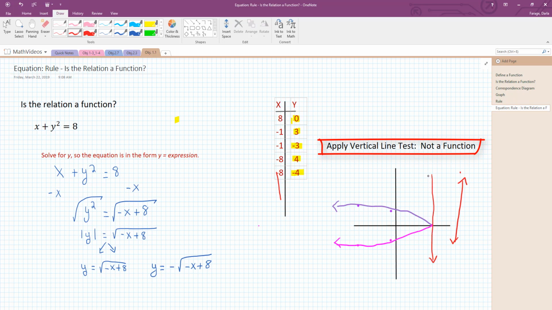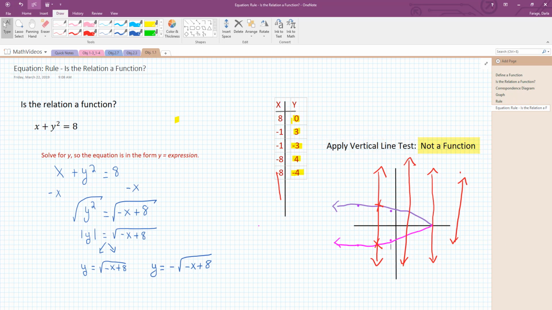At this point, I might think that I have a function. But if I were to draw a vertical line anywhere else on this graph, going in this leftward direction, I'd see that I'm intersecting the graph at more than one point, so two or more. And so in that case, this relation is not a function.